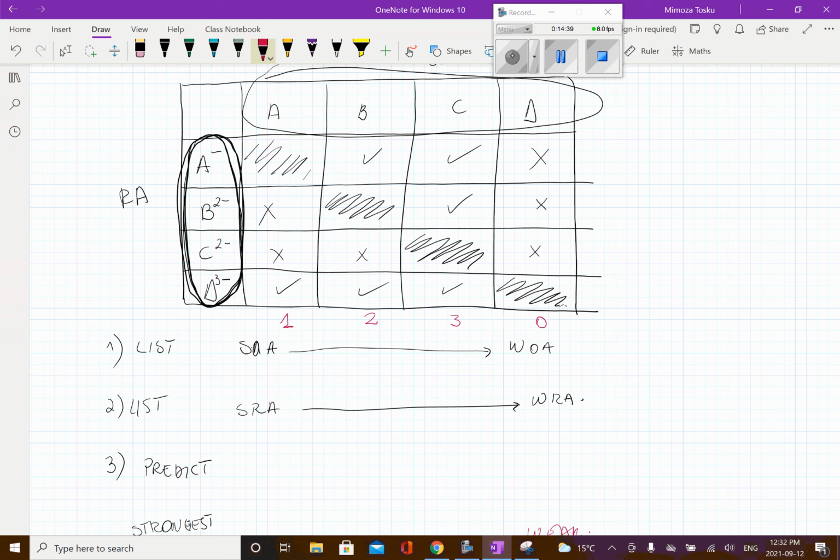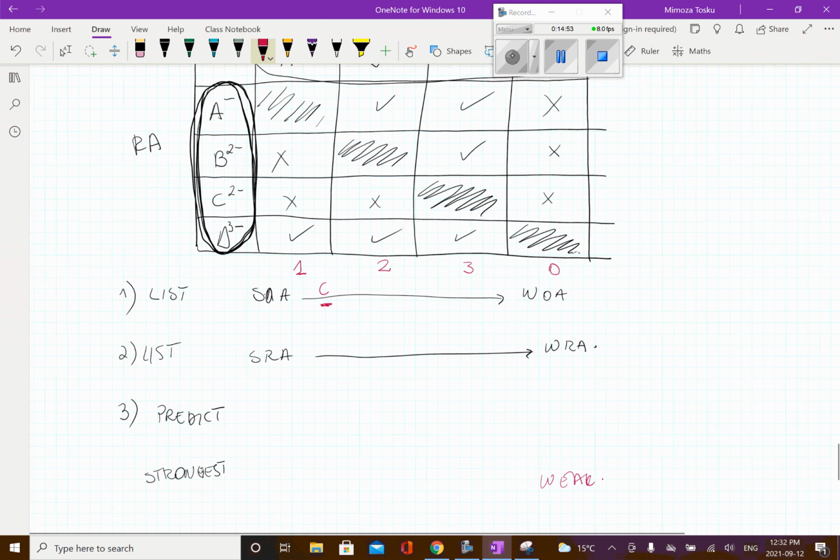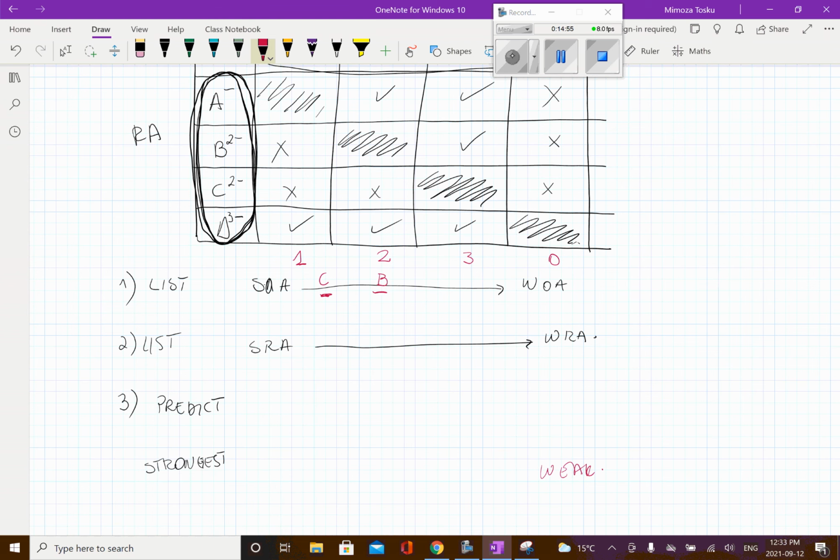So from the strongest to the weakest oxidation agent, C will be the strongest one, because it has 3 reactions. B will be the next one, A will be the third one, and the last one will be D. Okay?